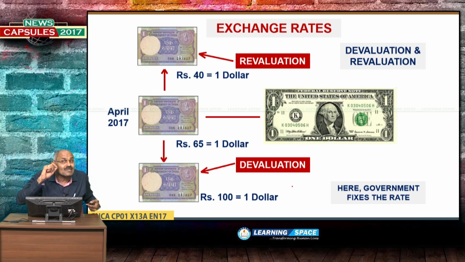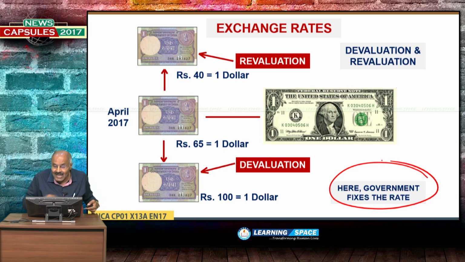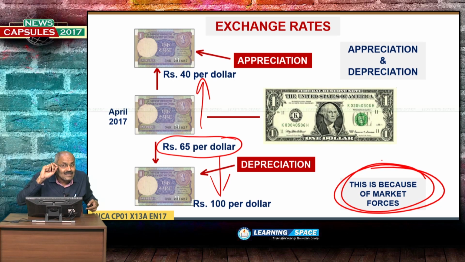Government sometimes deliberately fixes the value of currency, then you have to use the terms devaluation and revaluation. Here the government fixes the rate, and if you look at our currency, it is basically left open to the market forces, and the government, or you can say the Reserve Bank of India, normally does not interfere, and in rare circumstances it interferes.